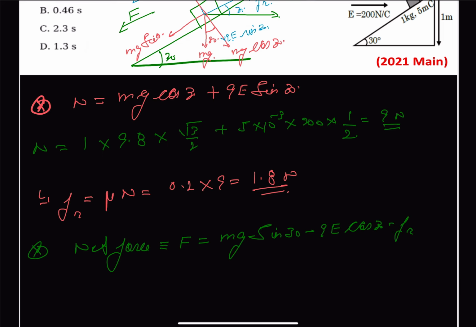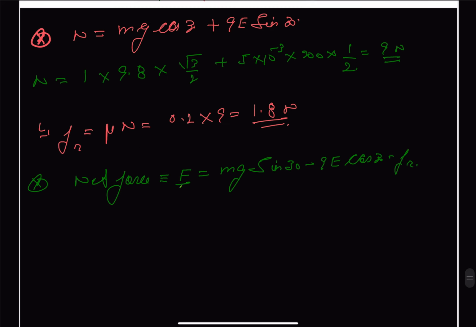So net force F will be equal to mass into acceleration, which will be equal to 1 into 9.8, sine 30 is 1 by 2, minus charge is given as 5 into 10 to the minus 3 into 200, this is root 3 by 2, and friction we found out is 1.8.